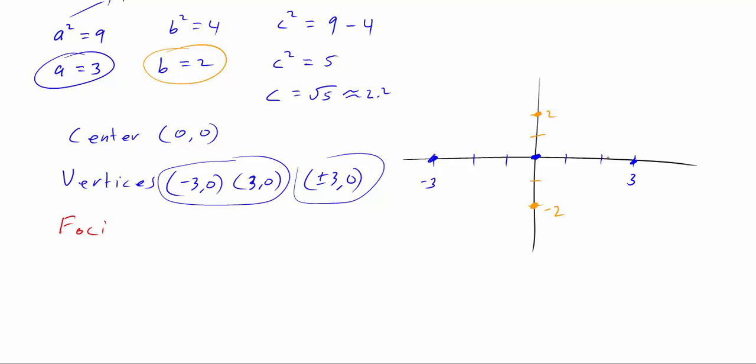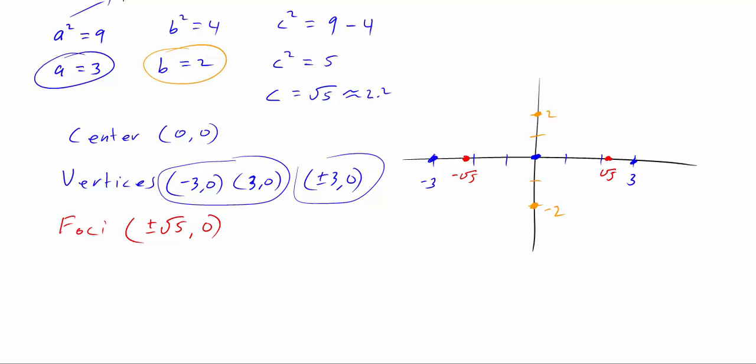So if we go out here to 2, that means one of the foci would be here, and then the other one would be right about here. So if we want to get to this point, we're going out to the negative square root of 5, and this would be a positive square root of 5. So we could simply write this as plus or minus the square root of 5, comma, 0.